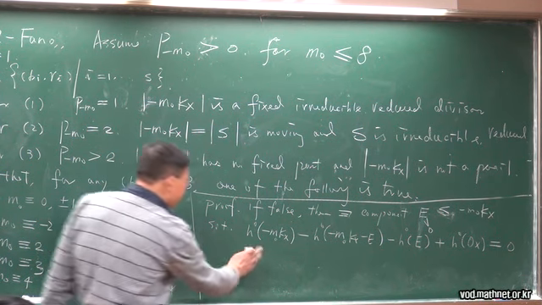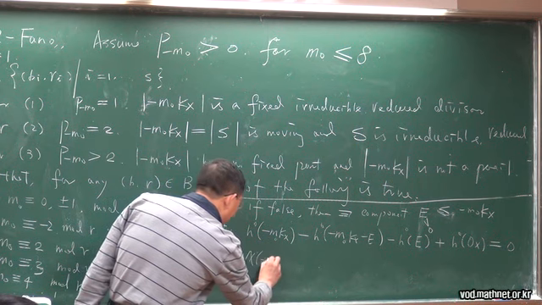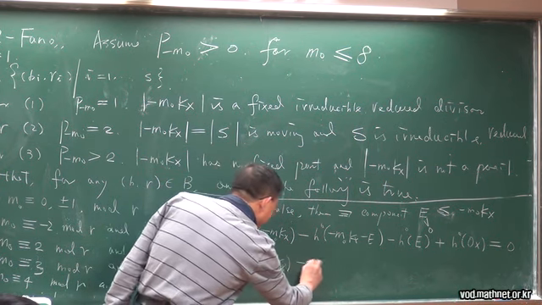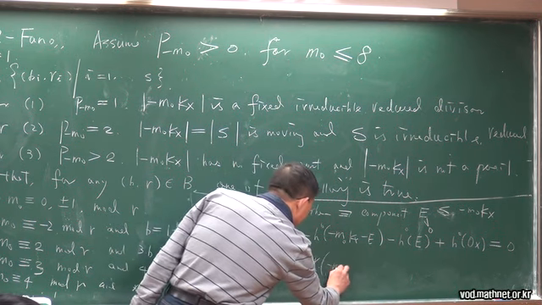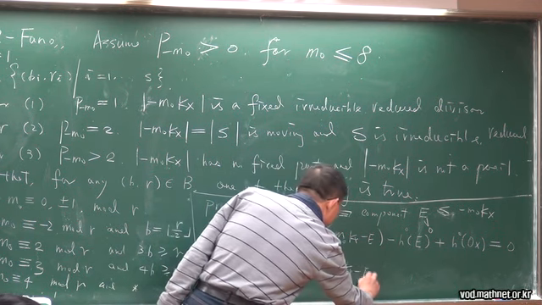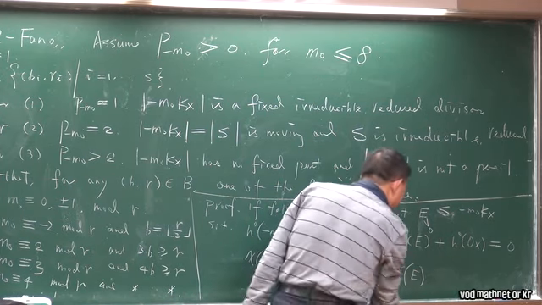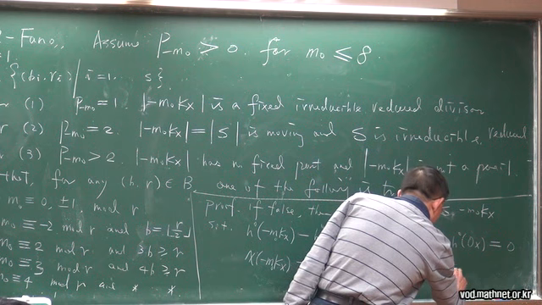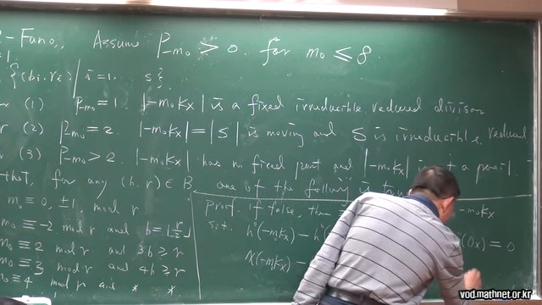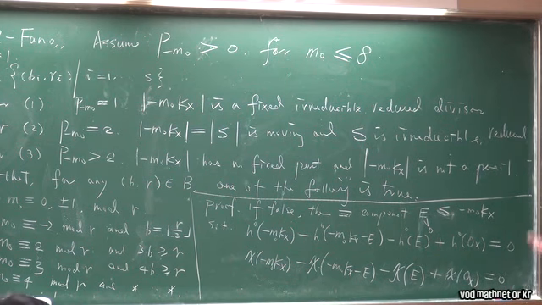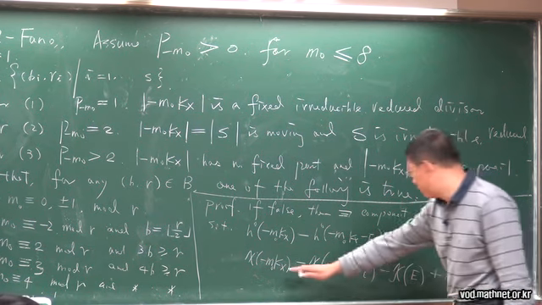So this means that chi of minus m naught kx minus chi of minus m naught kx minus E minus chi of E plus chi of Ox is 0, right? This is exactly due to the Picard number 1 assumption. Without this assumption, you cannot get this.